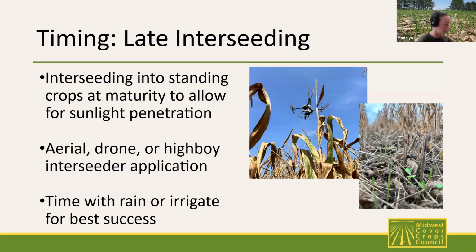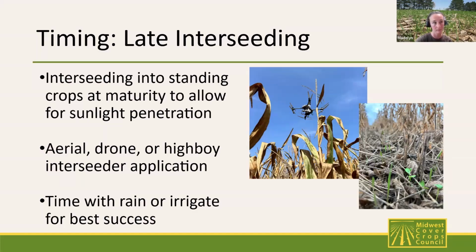This late interseeding window, so meaning kind of when the corn's just about turning or when your soybeans are just about to drop their leaves, that would be the late interseeding window. We're talking more September, like early September, overseeding over the crop.